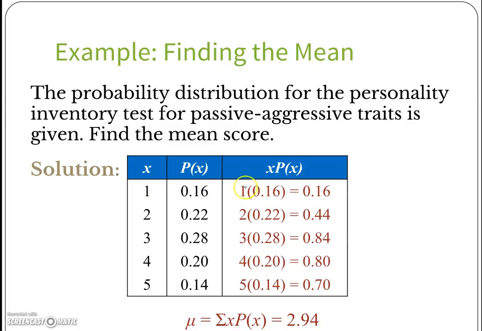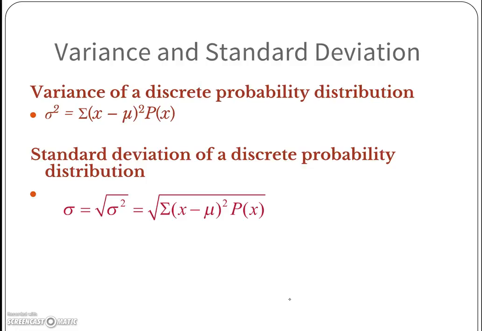These were the same ones. So we're going to multiply those to get our x times p of x. And 2 times 0.22, multiply those, and you get your x times p of x. So we're multiplying our two columns, and then you add up all of those, and that's the sum of x times p of x, which is our mean, which in this example is 2.94.